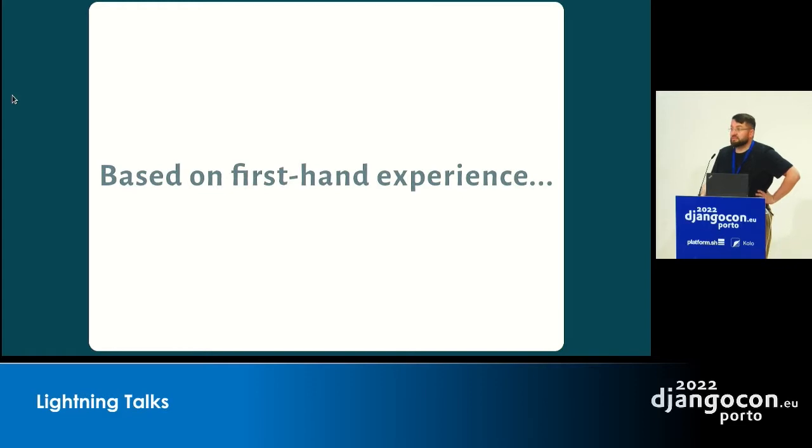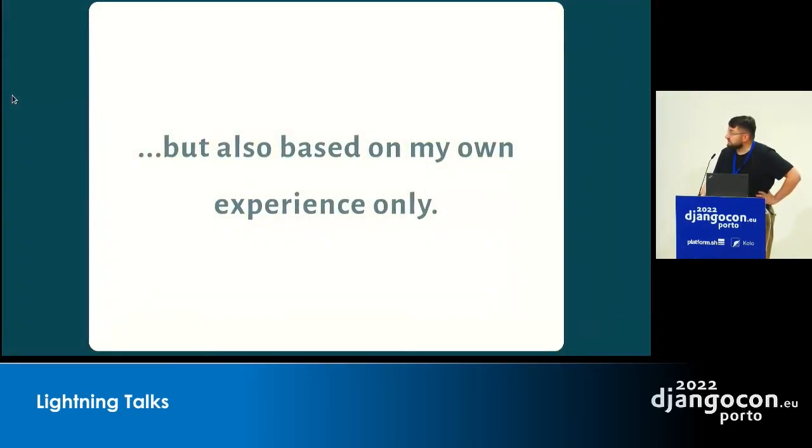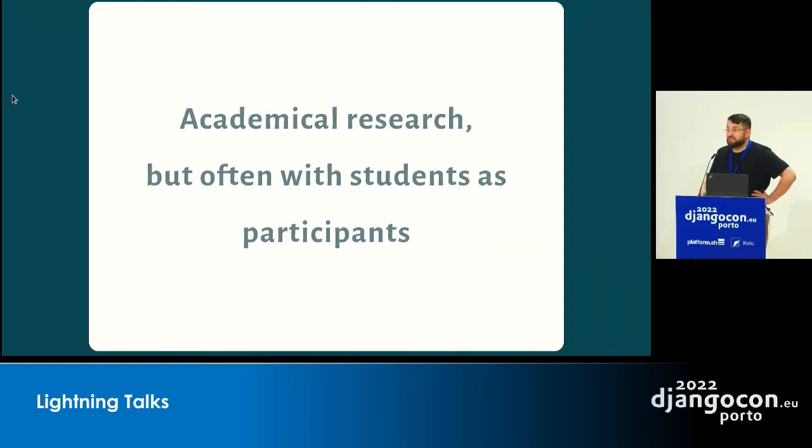So what I want to tell you is based on my first-hand experience, and only on my first-hand experience. I did no research on pair programming. There is some academic research on pair programming, but you know, it's often based on experiments on students, and it's not what we do.